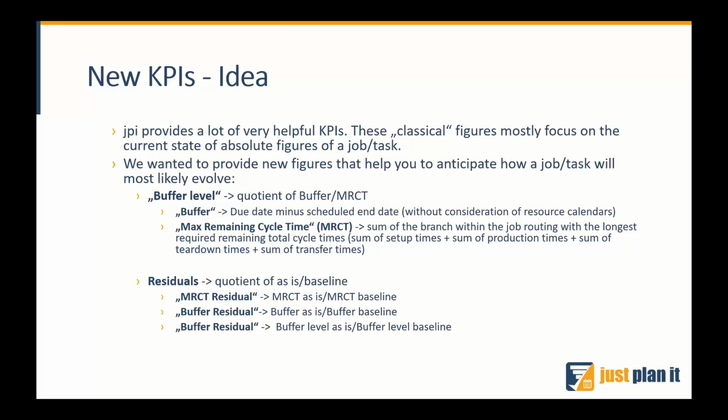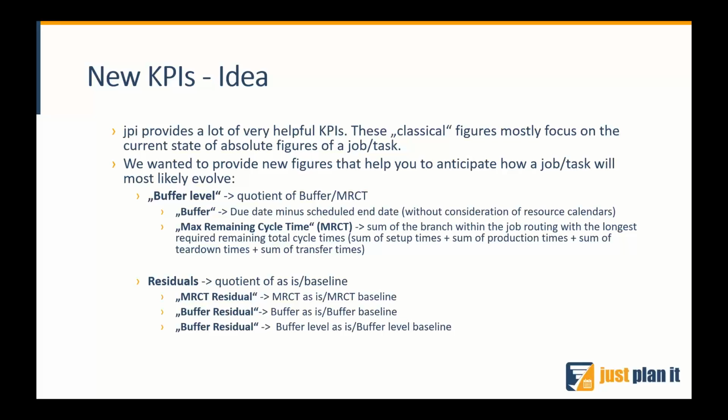Pretty easy, yeah? So in the beginning, if you add a job, then both MRCT residual and buffer residual will be 100%. The moment you add the job, you set the baseline, and both are 100%. But once your job is in your schedule, even if you haven't started the job, both figures will start to evolve.